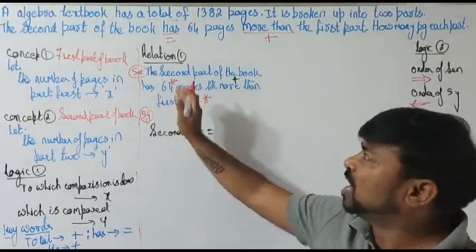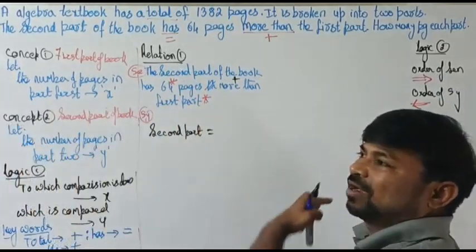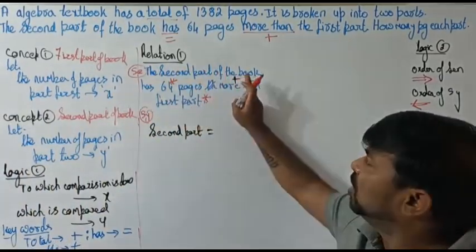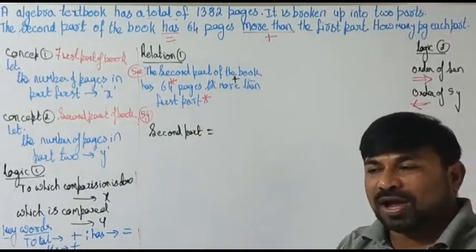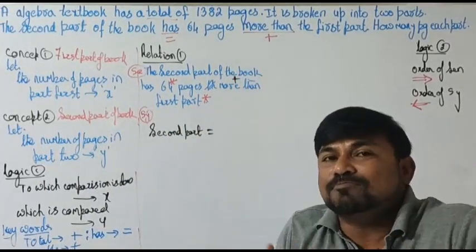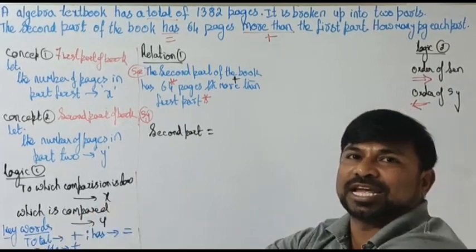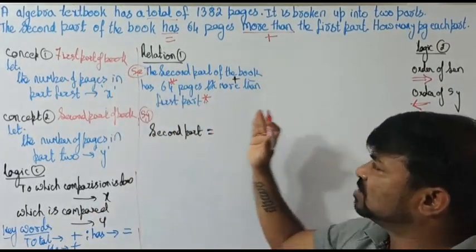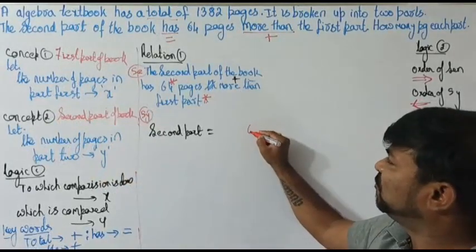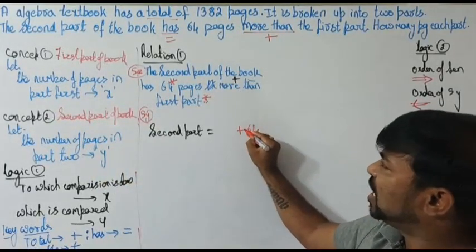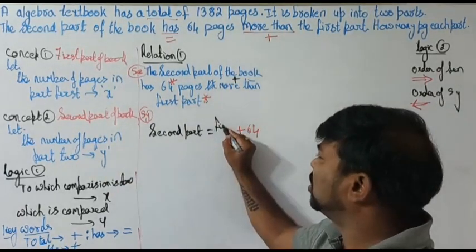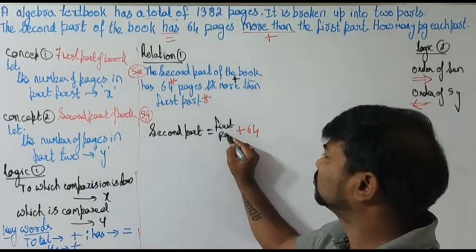In the sentence, 64 comes first from the left side. But in the symbolic form, it comes in the reverse direction: 64 more than the first part. That's the logic you have to remember.